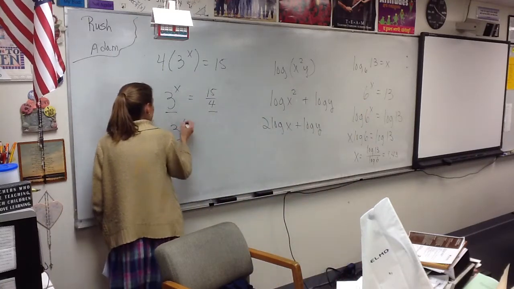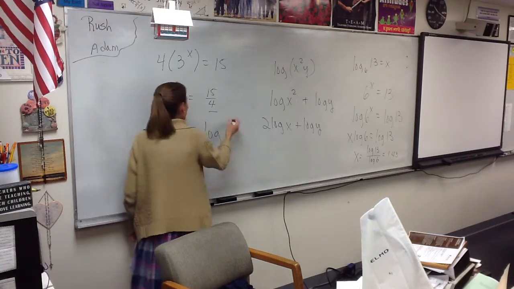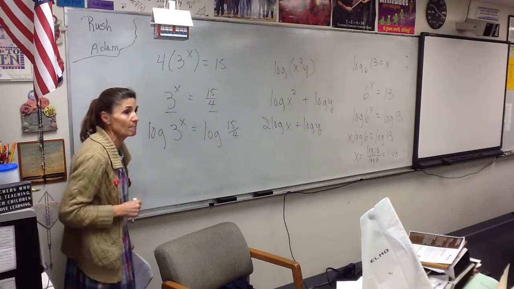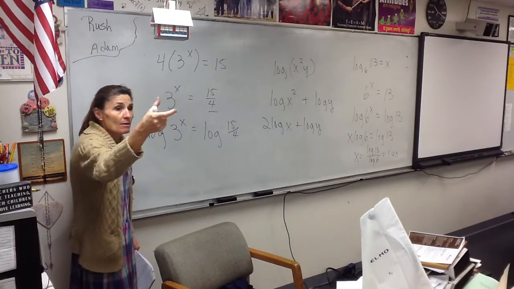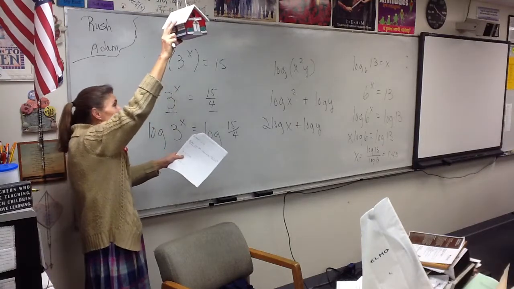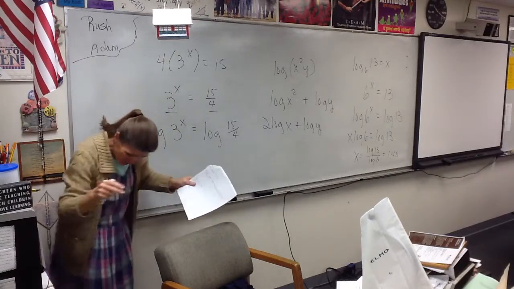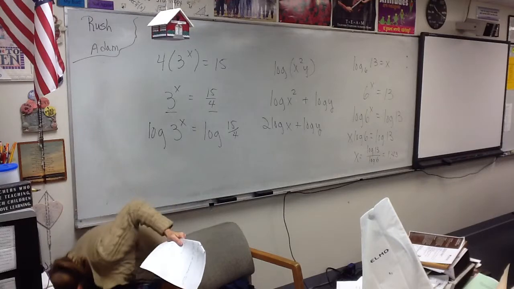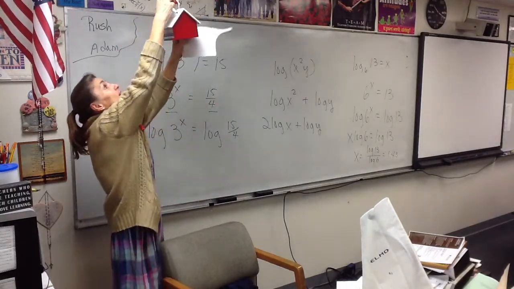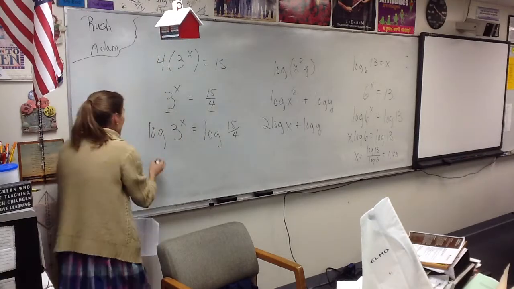Can somebody explain to me why I'm taking the logarithm of both sides? What is the awesome thing that happens in the very next step? The exponent, which is the x, comes out in front.